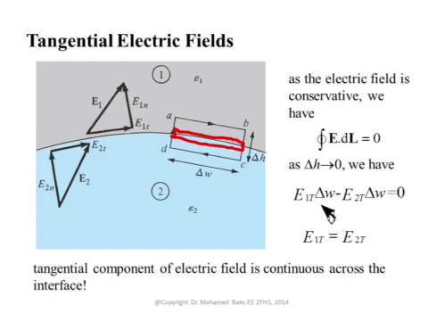So if you put this together and make delta H go to 0, the two side line integrals disappear, because we are integrating over zero length, and you are left only with these two integrals, which give E1 tangential delta W minus E2 tangential delta W. This must be equal to 0, because the integral of the electrostatic field over a closed contour is 0.